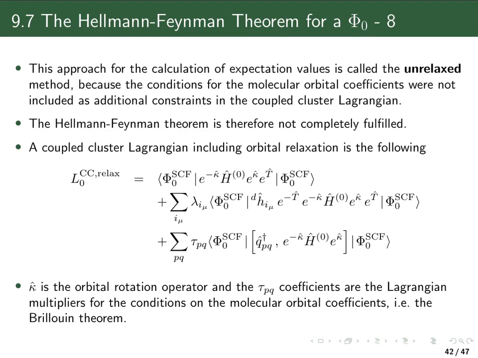This approach for calculating first derivatives of the energy as expectation values is called the unrelaxed approach, which essentially is a nice way of saying that the Hellmann-Feynman theorem in reality is still not really fulfilled.